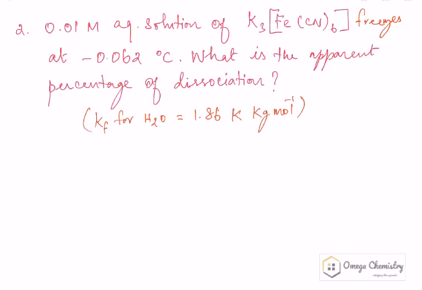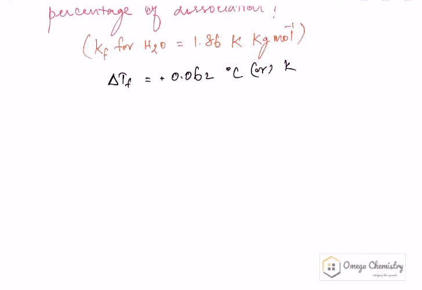Okay. From the data, I can write delta Tf is equal to 0.062, or it can also be expressed in terms of Kelvin. And Kf has been given, which is 1.86 Kelvin kilogram per mole.